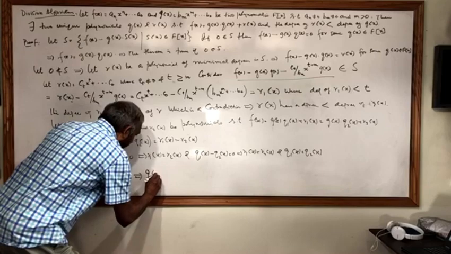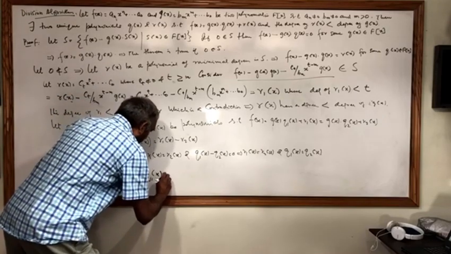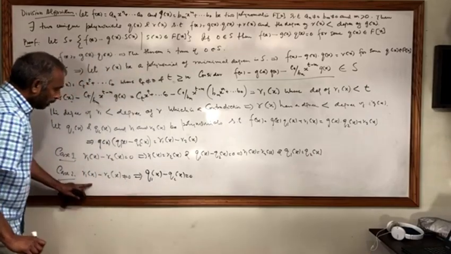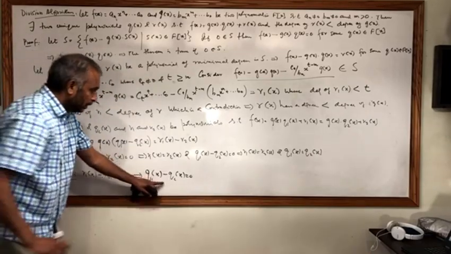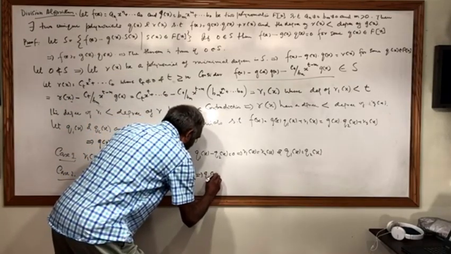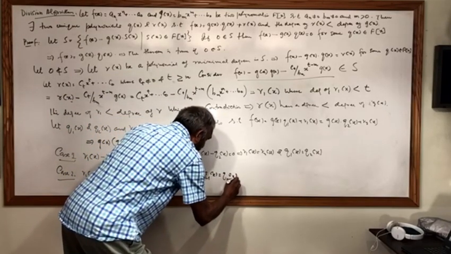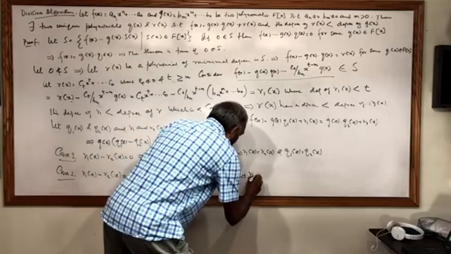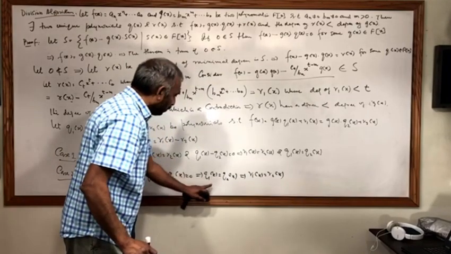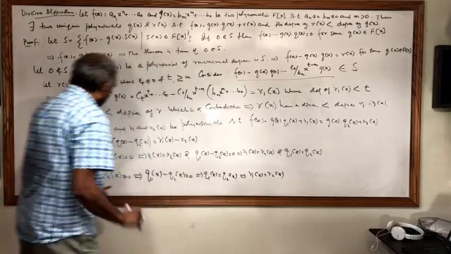and this implies that q1 of x minus q2 of x should be 0. This is actually not possible. If it is possible, this is true, and which implies q1 of x equal to q2 of x, and which implies r1 of x is equal to r2 of x. Because if q1 is equal to q2, then this will become 0.